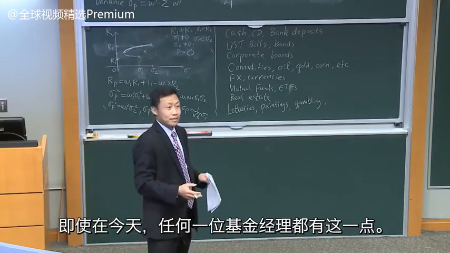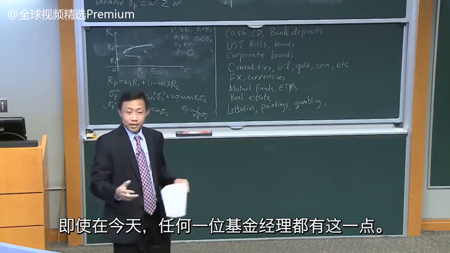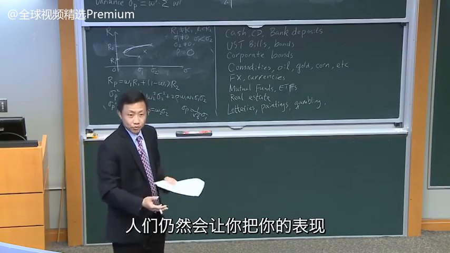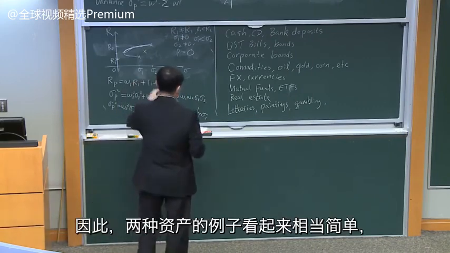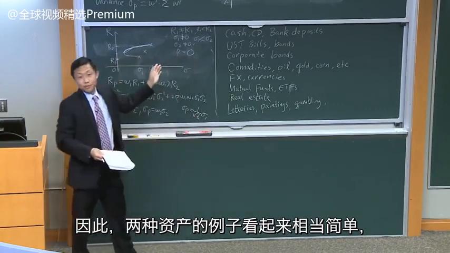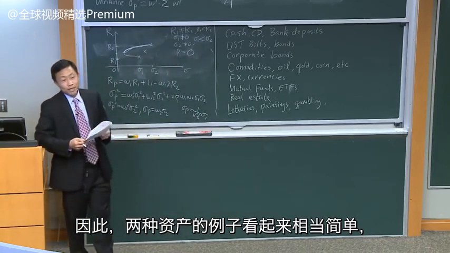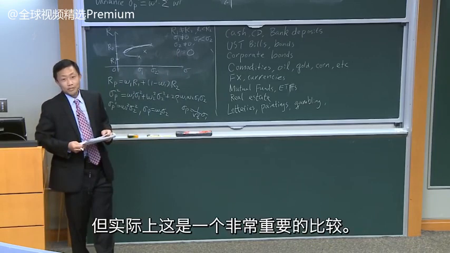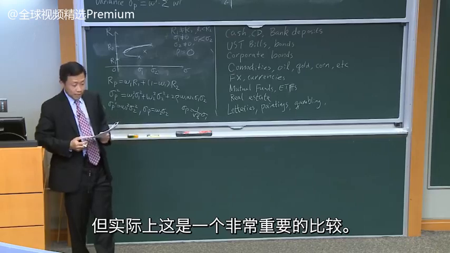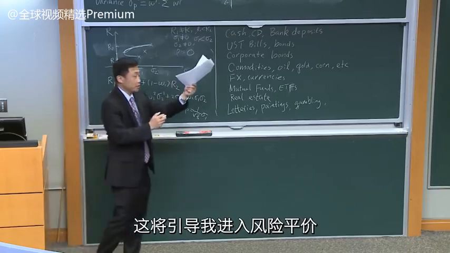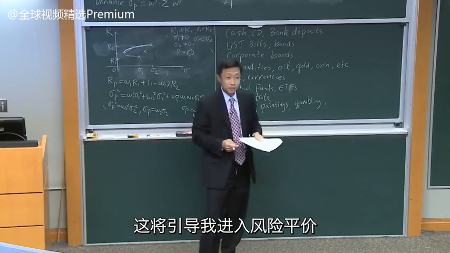And even nowadays, any fund manager, people still ask you to compare your performance with that combination. So the two asset examples seem to be quite easy and simple, but actually it's a very important one to compare. And that will lead me to get into the risk parity discussion.